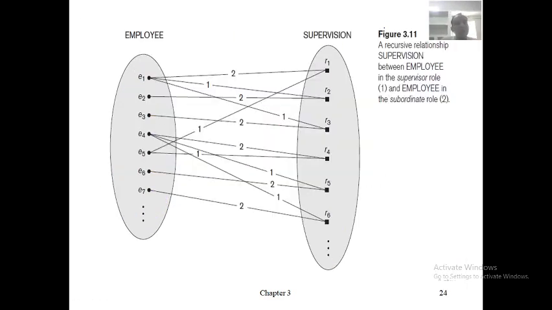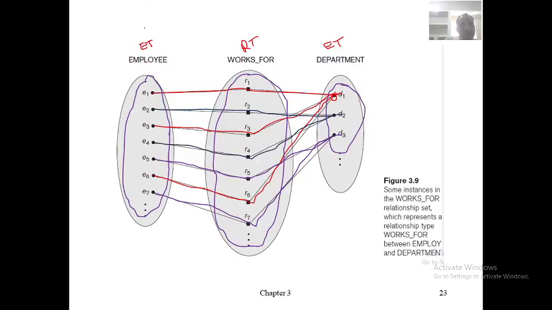Now see here, why is it recursive? Here it is a relationship type, and here it is an entity type. In the previous diagram, there were two entity types, which is why it is called a binary relationship.